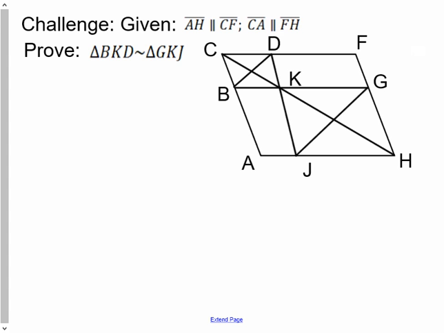The last one, the challenge one, I'm not going to do on here. If you like the challenge one, go ahead, pause this video and work on it. But basically you have to do 2 or 3 different similar triangles to get angles and pieces of BKD and this one to be similar to each other just from the outside lines being parallel.